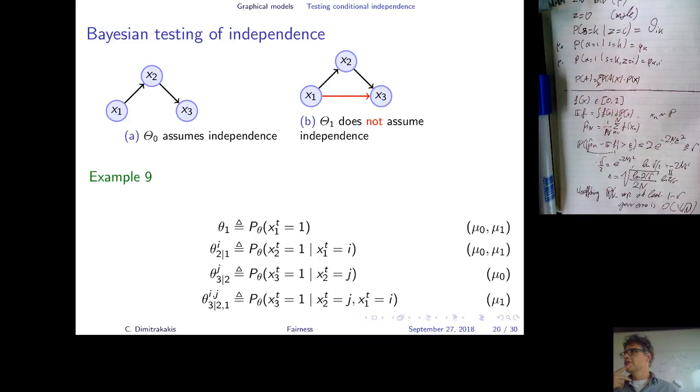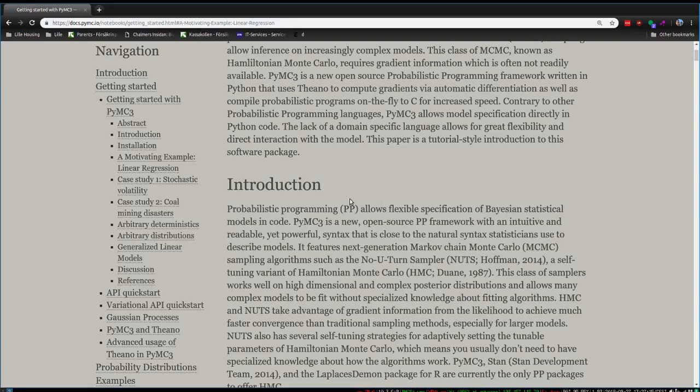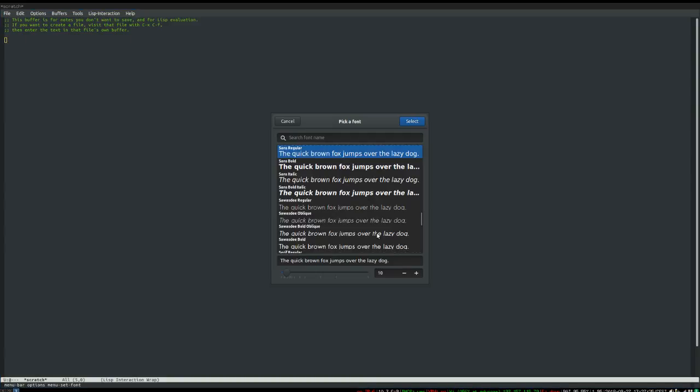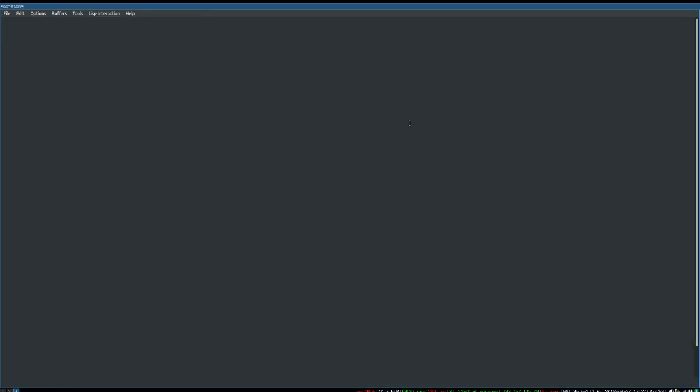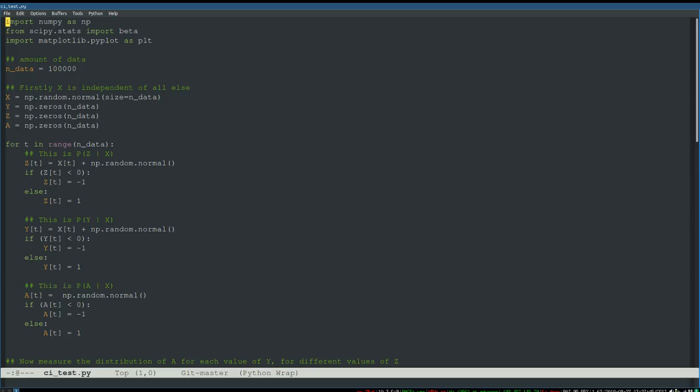Well, let's see. Okay, let's move this here. Maybe it's not super readable, I don't know.